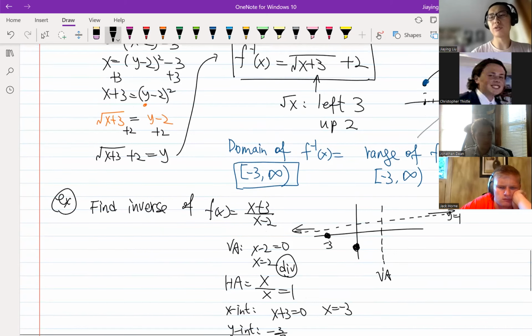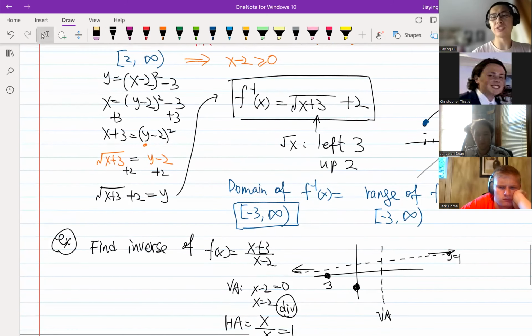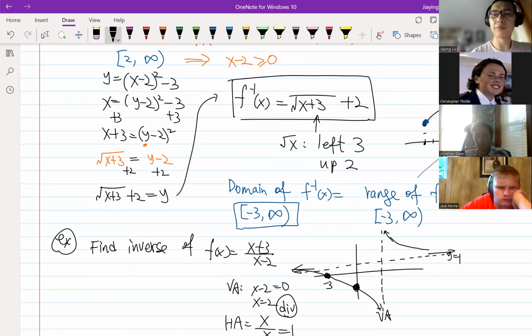Now if we take all those points and the vertical asymptote, we start graphing. The graph is probably going to look something like this, and then divergent. On the right side of the vertical asymptote, it's going to go up, and it'll eventually approach this arrow here. So that's a quick sketch.